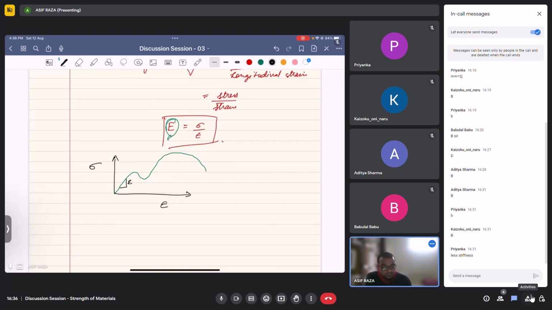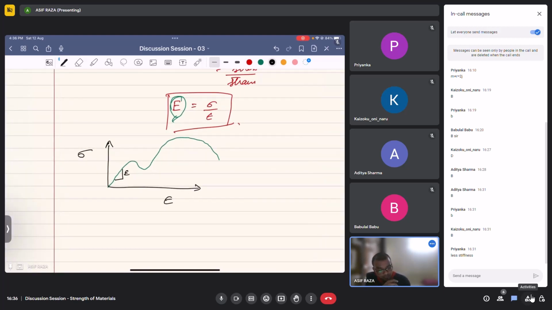This implies that if E is greater, then just for a little deformation in the system, the body has a large tendency to develop stresses. If the body is developing a large amount of stress, that implies it has more stiffness and it is more elastic.